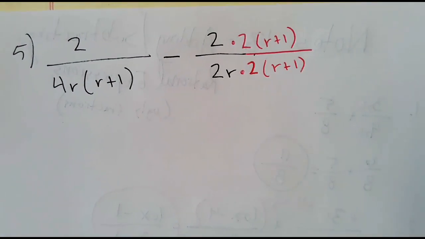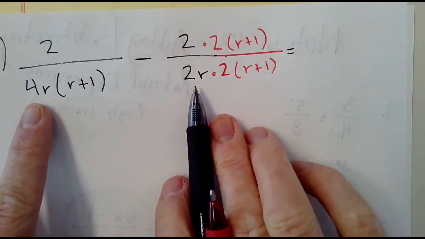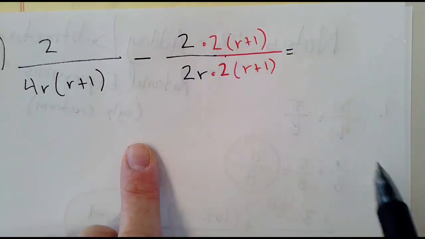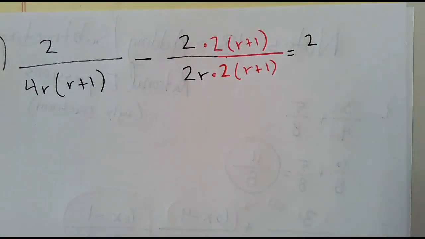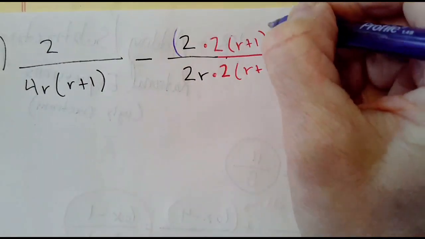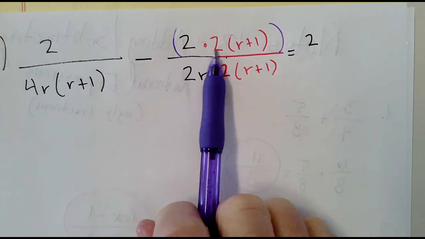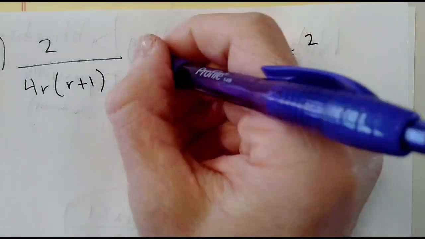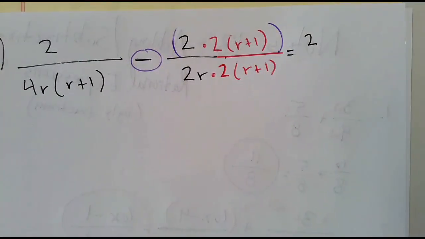All right. So right now, we've got the same denominator, 4r times r plus 1, except this numerator here changed, and we're going to have to pay attention. Why is that? Because we actually have a negative to distribute here. So we have that negative 2 times 2, that's negative 4, and we'll have to distribute the negative, because you can't forget that needs to get distributed.